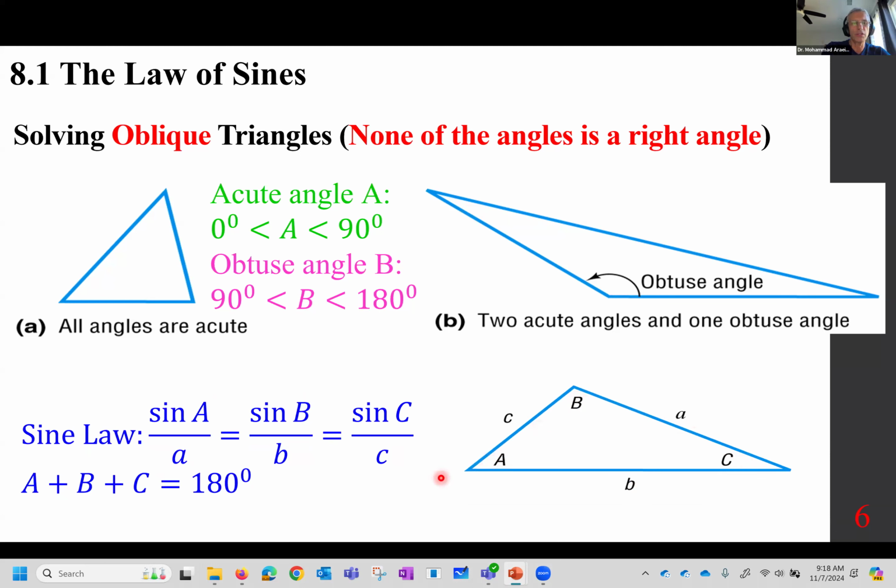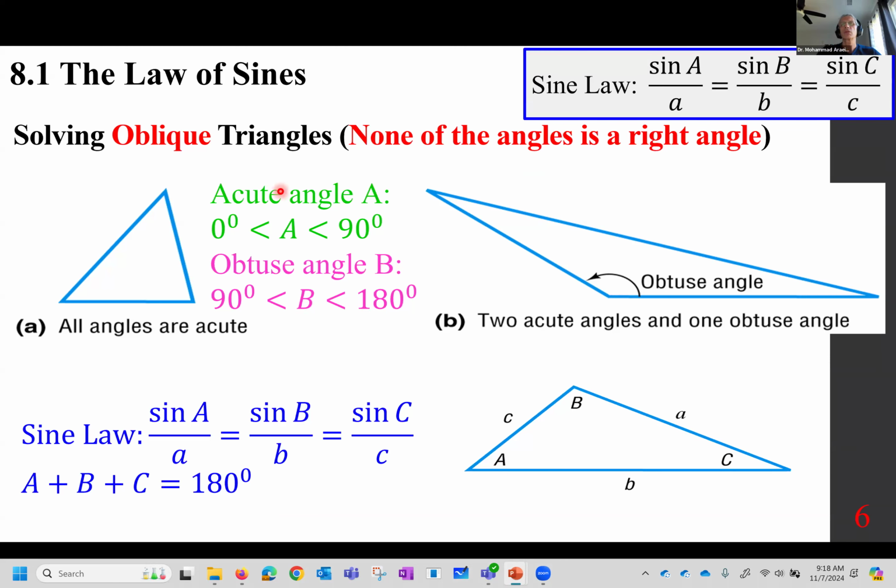And of course, all the interior angles, A plus B plus C, must be equal to 180 degrees. We will look at the proof later. So that's the sine law, or the law of sines, however you want to call that.